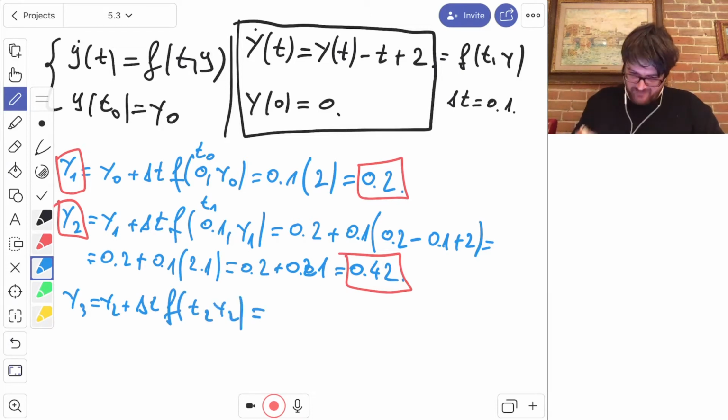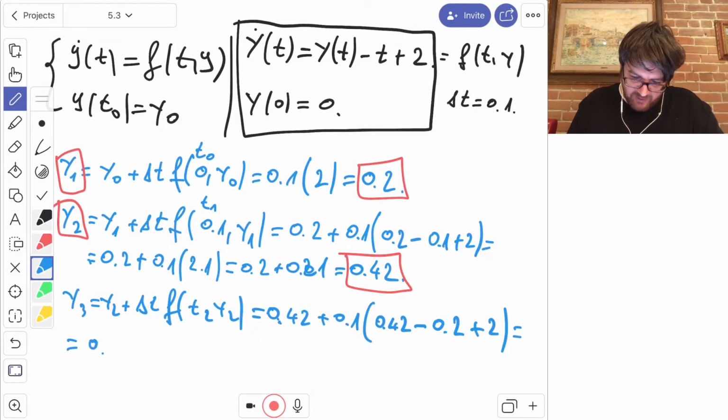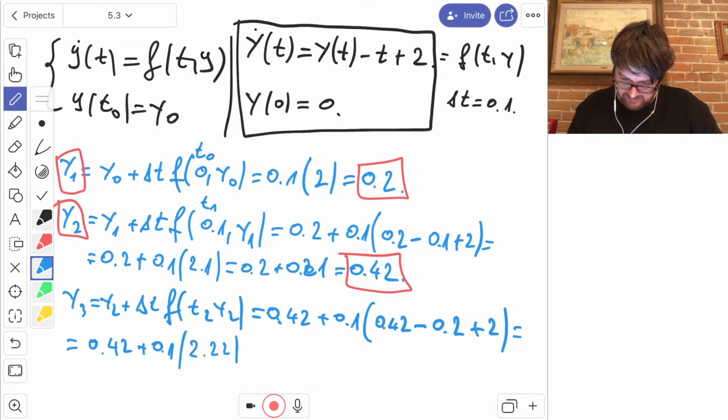Now we substitute. y2 is 0.42 plus 0.1 times y2, which is 0.42, minus t2, which is 0.2, plus 2. 0.42 plus 0.1 times 2.22. 0.42 plus 0.222 is going to be 0.642.